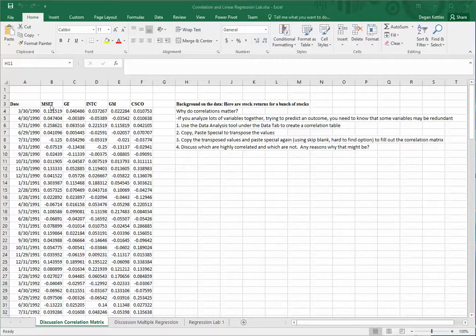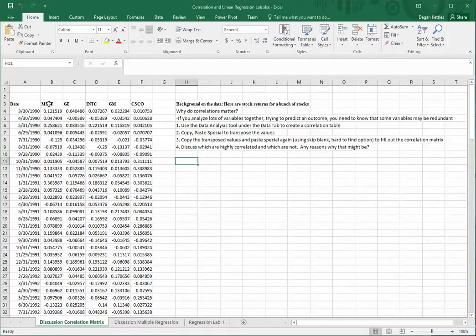I have here a list of stock returns that happen over a series of months, and we'll treat each of the different 5 stocks as different variables, and we'll see whether these things move up or move down together. Except rather than just making a pair of these and talking about just one pair's linear relationship, we'll create something called a correlation matrix, which allows us to compare all of them simultaneously.